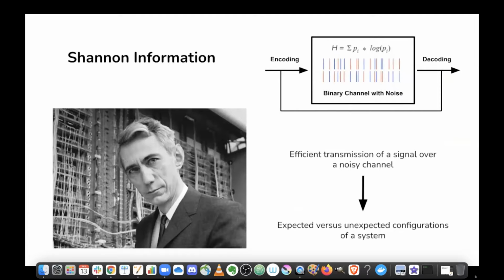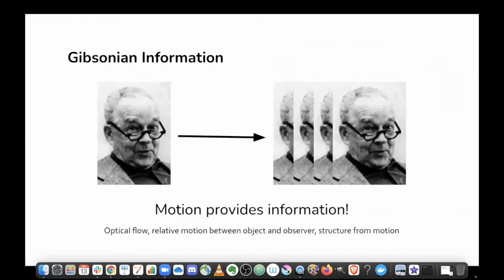We have encoding and decoding of information from a binary channel with noise, and we can characterize that with the above equation, the parameter h. This measures efficient transmission of a signal over a noisy channel, and it results in an expected versus an unexpected set of configurations of a system. So some configurations have more information than others.